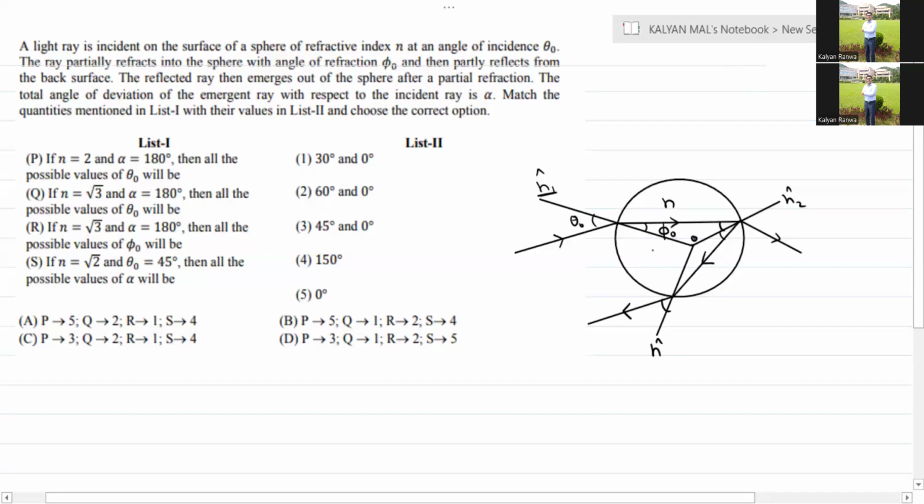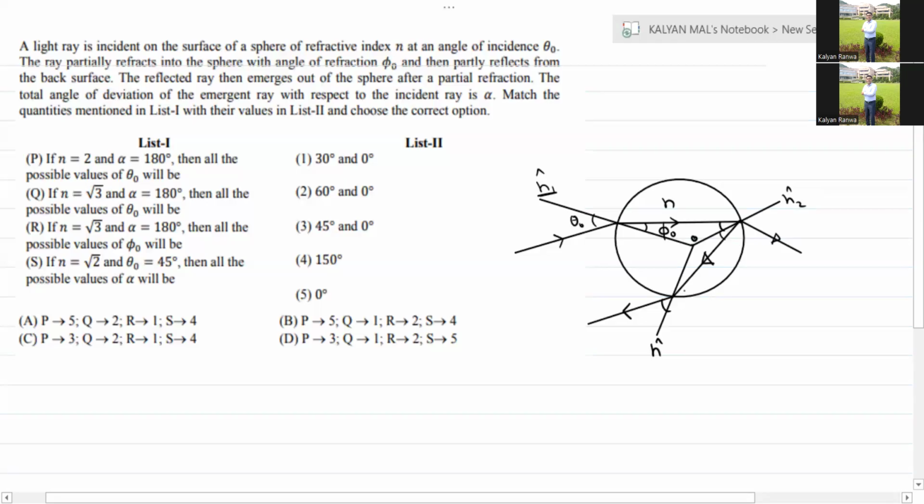The ray partially refracts into the sphere with the angle phi naught, and then partially reflects from the back surface. Here again we draw the normal, N2. The light partially reflects again. This is the reflected ray, and this is the reflected ray.